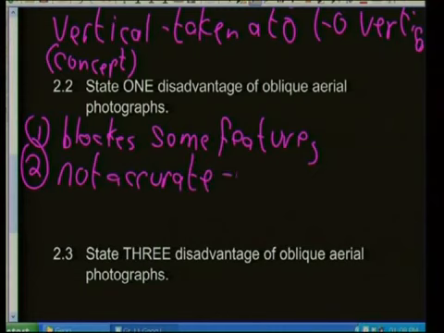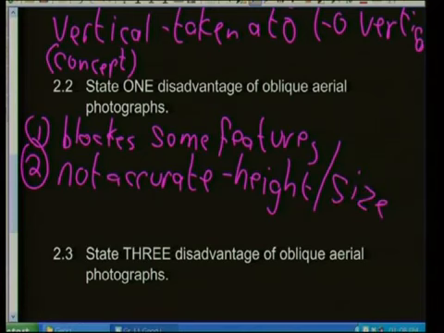In terms of height, also in terms of size, etc. Because you can't really make out. You take it at an angle and the things nearby would definitely look big. In questions like this, obviously same thing.